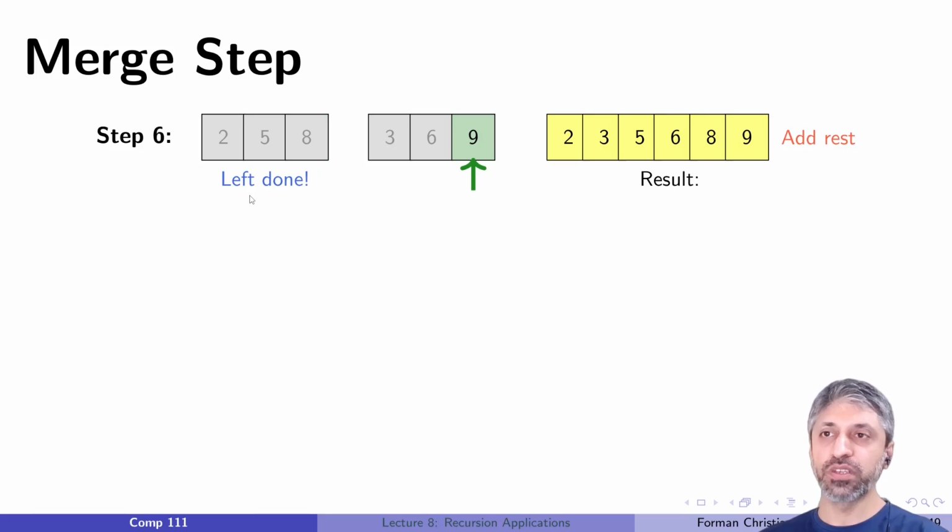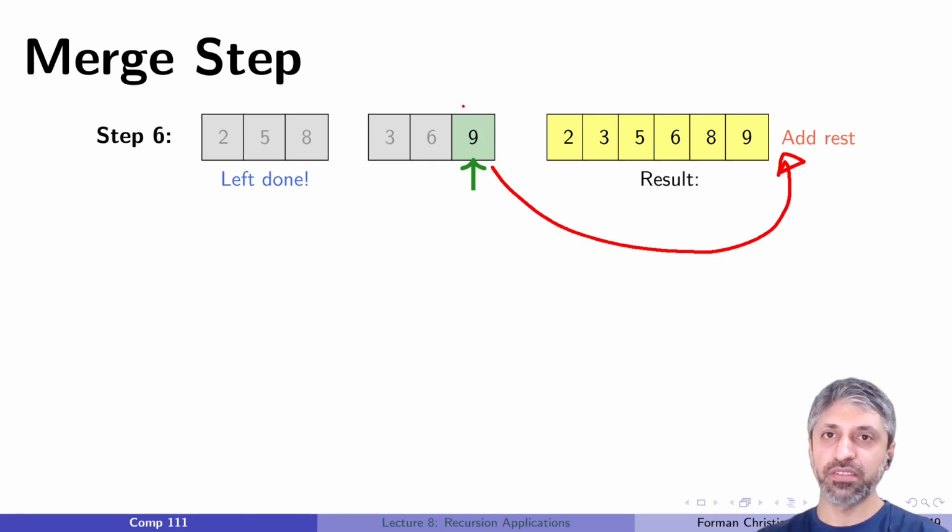The blue list is completely empty, and we have got a bunch of items, potentially at least one, in the other list. It could be empty also, but here we've got at least one item remaining. So we know that all of these items are going to be larger than whatever our result contains. So all we do is pick this entire remainder and append everything at the end of the result list.